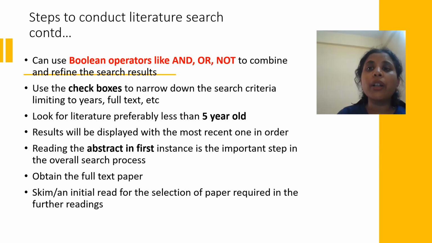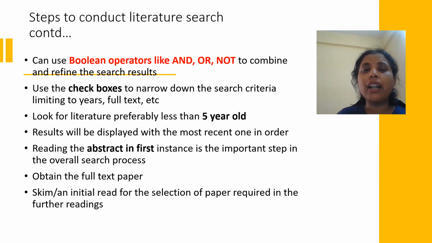As I was saying about the various Boolean operators, that is and, or, not, and in the previous slides I told you about truncation, that is the question mark and the asterisk. If you use these things, your search on the web for any secondary data becomes easy. I've already said to look for papers which are not more than 5 years old, because you need data which is currently updated.